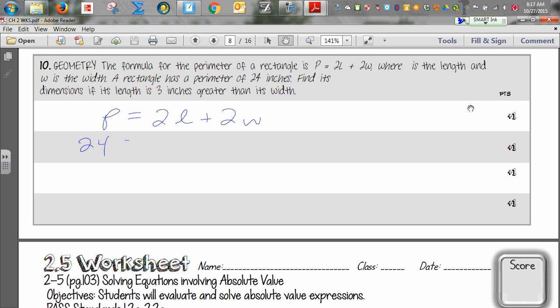We'll put 24 for P. What would I put for L? What does it say L is? Yeah, but it says it's 3 greater than, okay, so instead of putting L, what would I put? I put W plus 3.